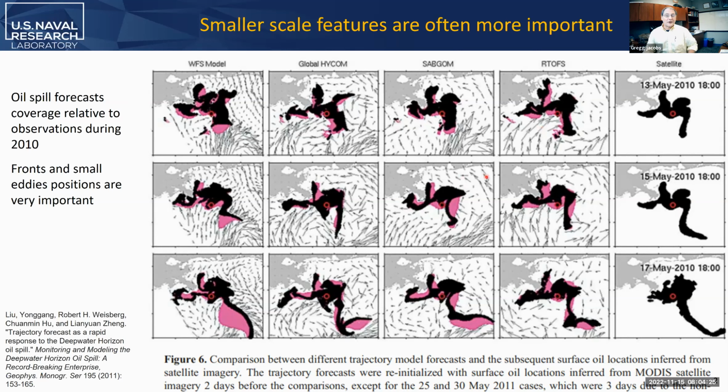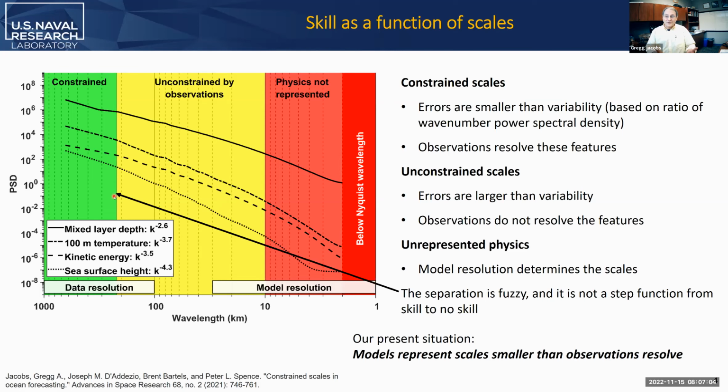But on the opposite end, the features that we have sufficient observation resolution for, those can position the features in the model, and we have skill in larger scales, which leaves this band in the middle where we call that the unrepresented features. If you go back 20 years or so and looked at global ocean models that were a quarter degree to a tenth of a degree, basically this yellow band didn't exist.